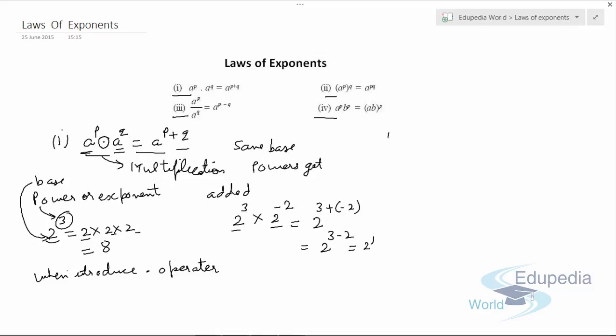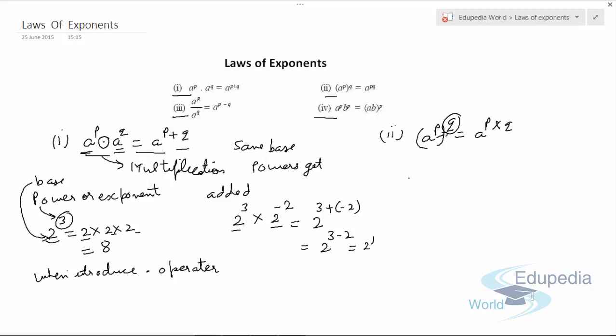Now the second law is a raised to power p, raised to power q, equals to a raised to power p into q. Means whenever we have a base, it has power p, and we keep the whole as the base, and we again keep the power q, then the powers get multiplied.